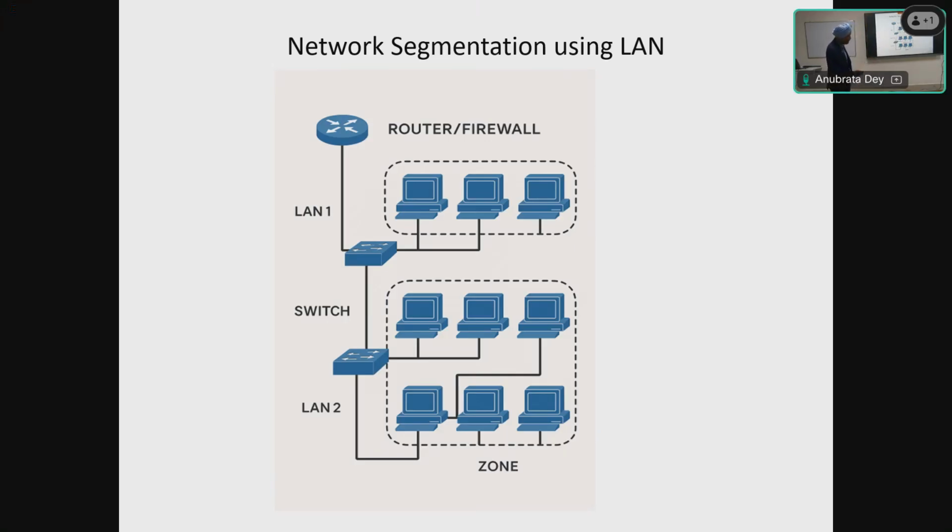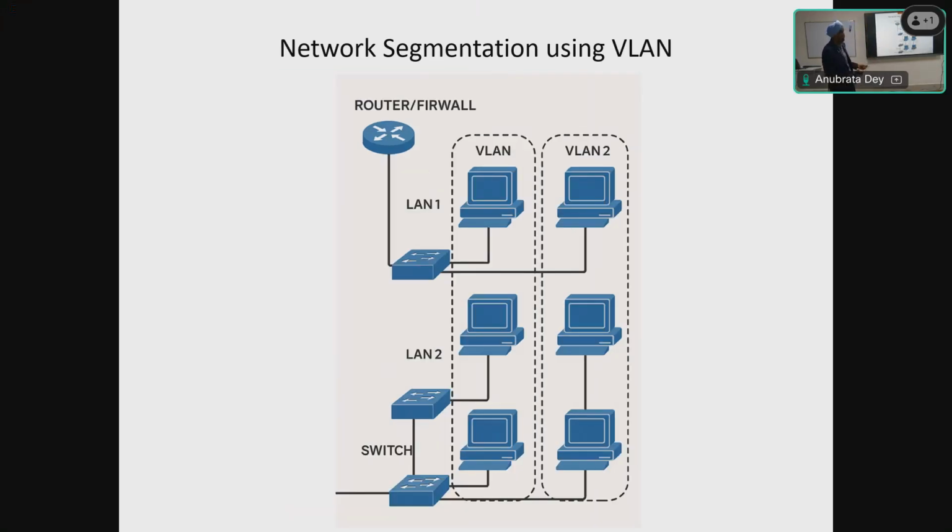You could do the same thing with virtual LANs. Although you could be connected to even one single LAN, but logically, for example, this area, although they are on two different local area networks, but logically they are within one virtual LAN. Okay, same thing here, within one virtual LAN, and you can divide that, right?